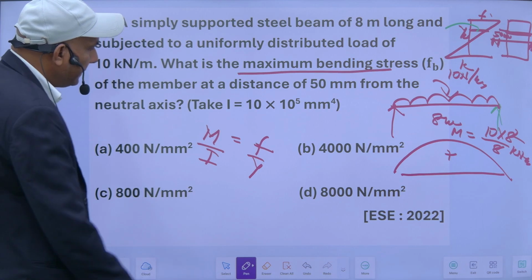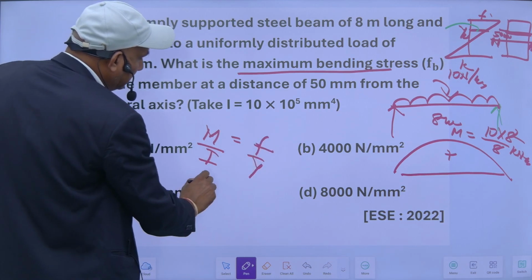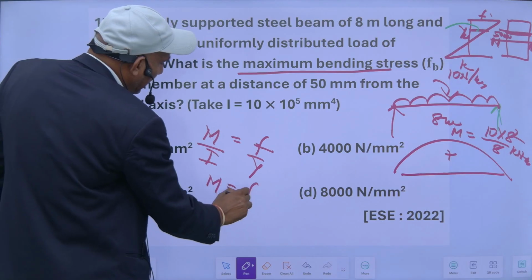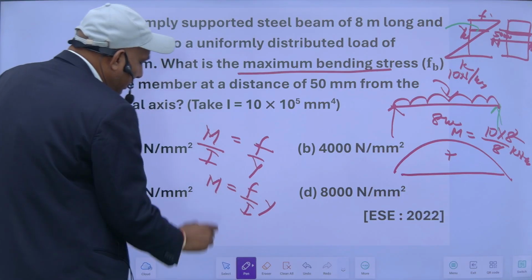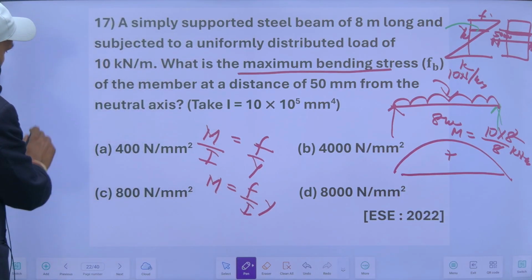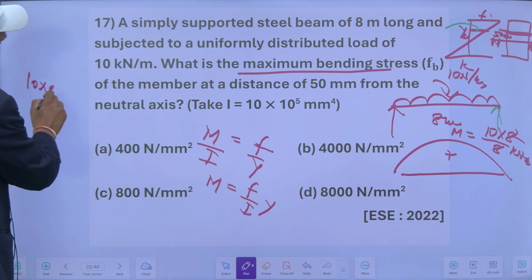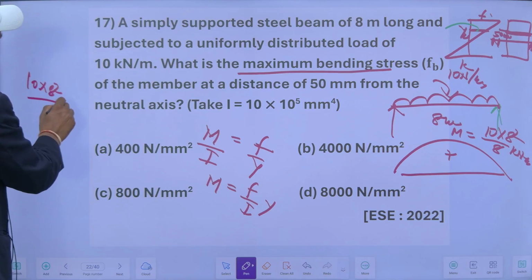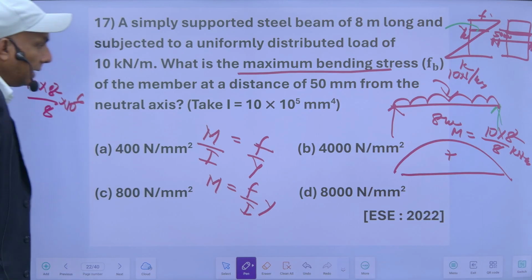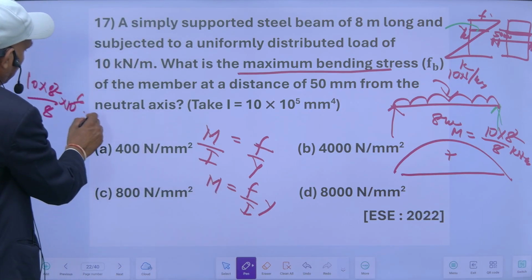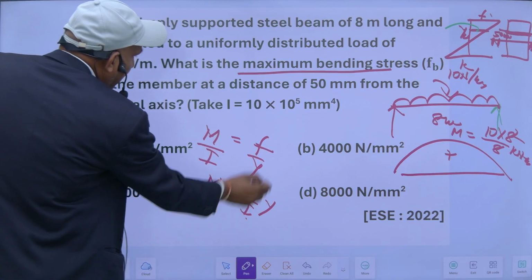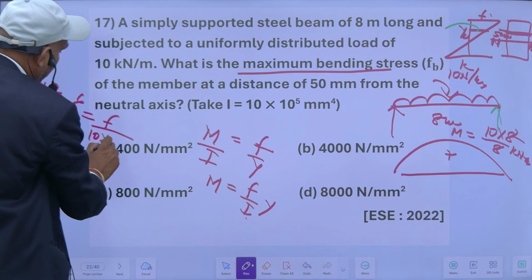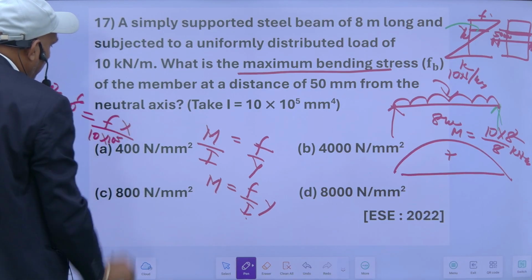So in this case, M is equal to f upon I into y. And M is 10 into 8 square by 8 in kilonewton, means this is Newton mm. Moment of inertia is this much into y.